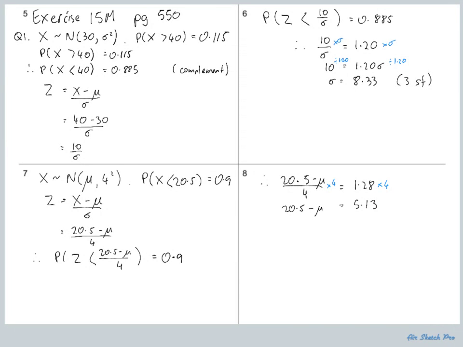So it gets me mu equaling 15.4 to 3 significant figures. There we go. So that's how you do it. You start off by changing it to a standard distribution, and then solving for mu or sigma, and then you're good to go.